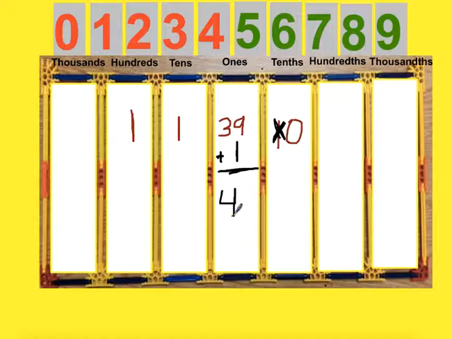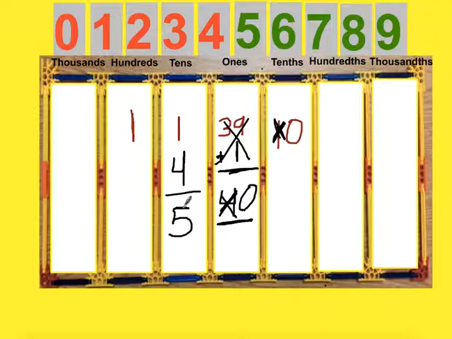Now I have 40 ones. See how I add those together? So I had 39, now I have 40. I'm going to cross this off so it doesn't get too crowded. But this is too crowded right now, so I'm going to move this 4 over here. I already had 1 ten, and now I'm adding 4 more tens, giving me a total of 5 tens.